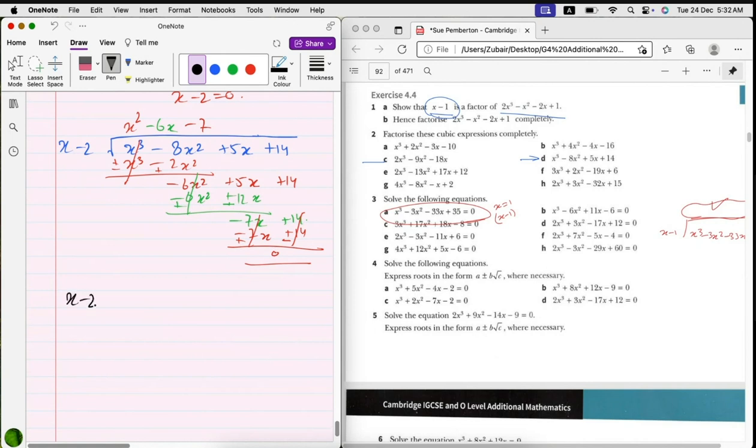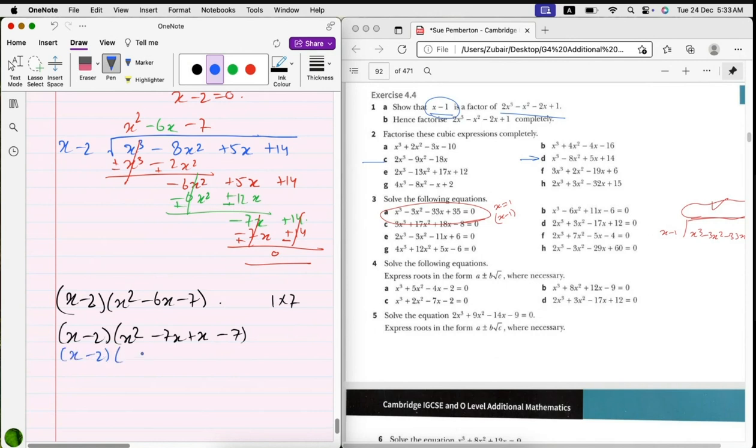So this is x minus 2 into x square minus 6x minus 7, where we know this is 1 into 7 only. x minus 2 into x square minus 7x plus x minus 7 satisfies the conditions of addition and product.